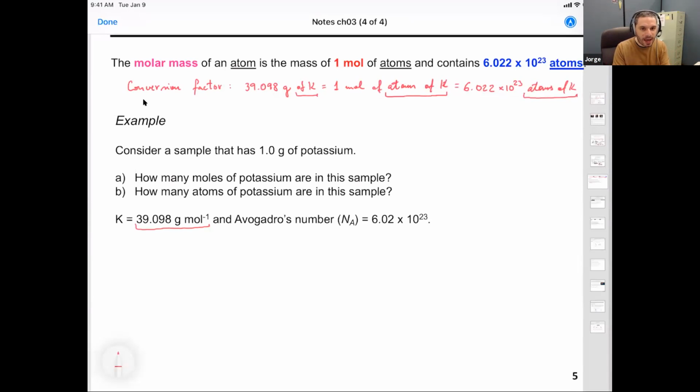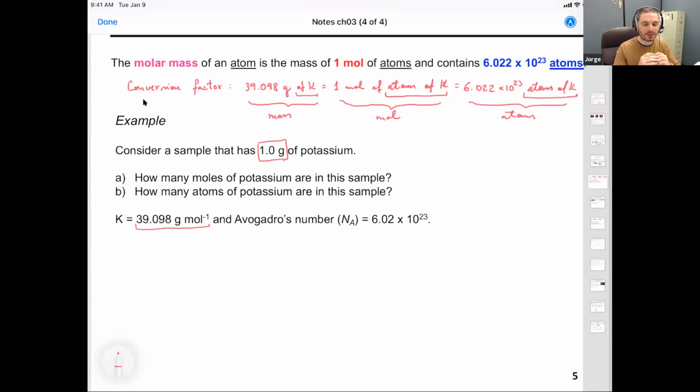So with that, we can use any part of the conversion factor according to what the question is asking us, okay? So keep in mind that this first part of the conversion factor relates to mass. The second part relates to mole. And the third part relates to atoms. Okay, from the question, we know that the mass that we are dealing with is 1 gram.